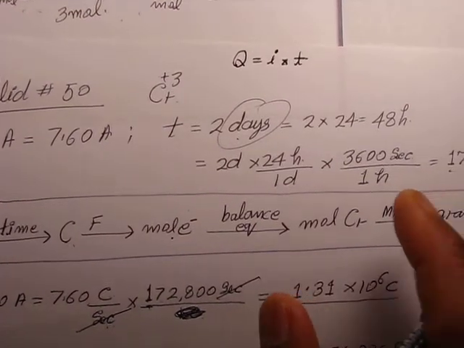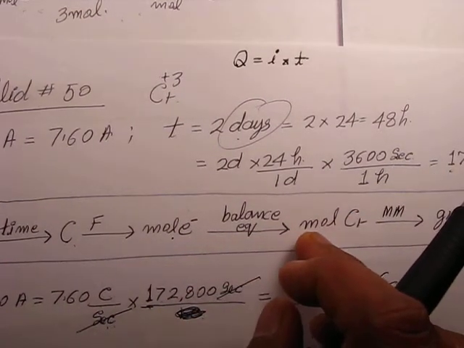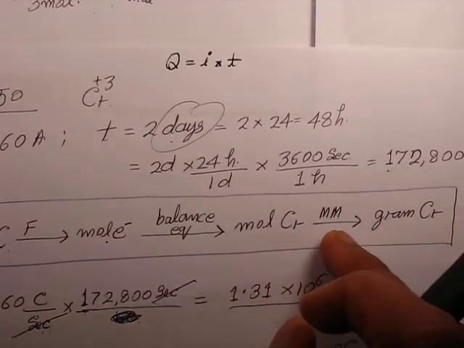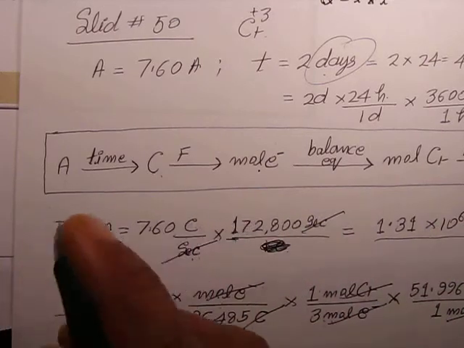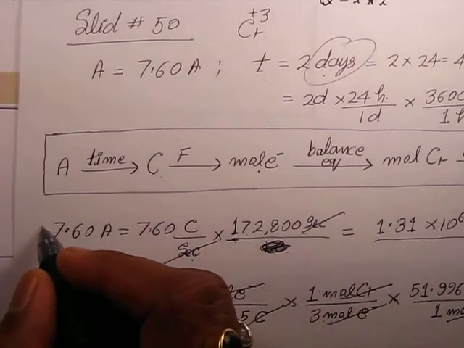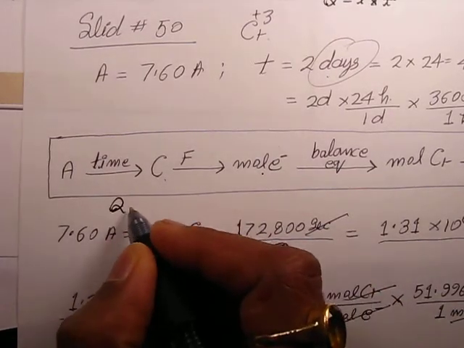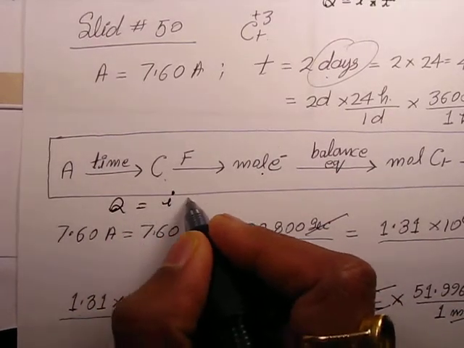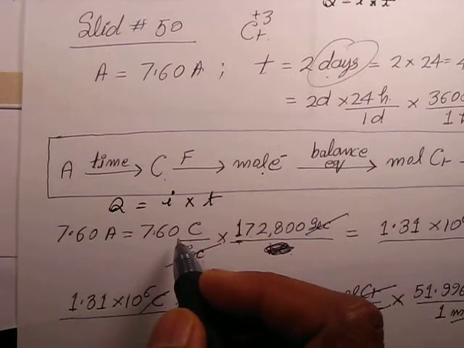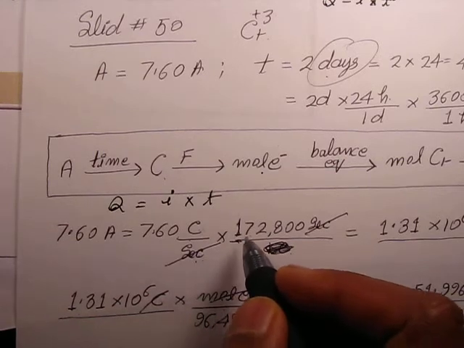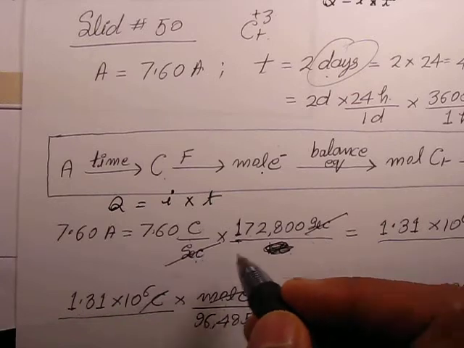Then we have to balance how many moles of electron will give how many moles of chromium, and then multiply by molar mass to get the quantity in grams. So first we will find out the total charge. Q is equal to IT, I multiplied by T. The current I is given, 7.60 coulomb per second, multiplied by 172,800 seconds.